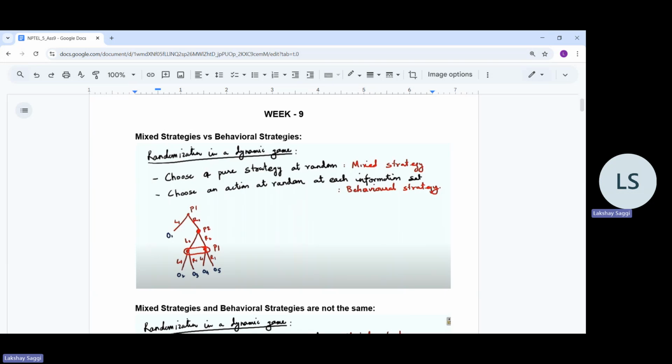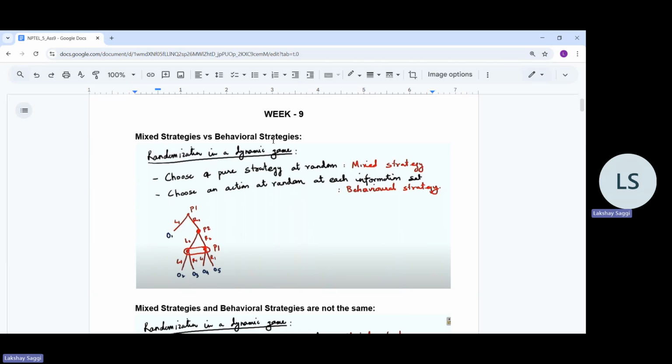But as we had discussed previously, when we were discussing simultaneous games rather than extensive form games, it need not always be true that an equilibrium exists in pure strategies, but an equilibrium will always exist in mixed strategies. So a mixed strategy equilibrium will always exist.